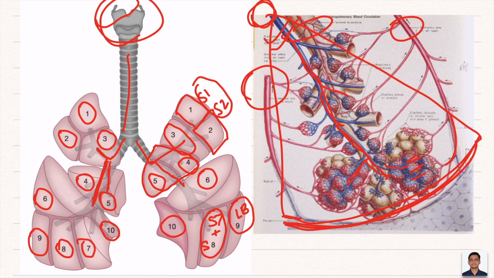From the clinical perspective, the concept of bronchopulmonary segment is extremely important.